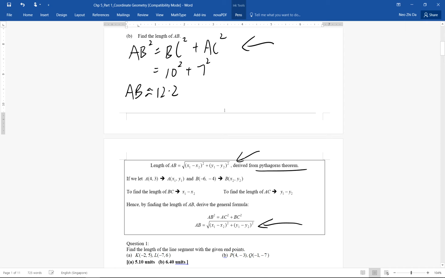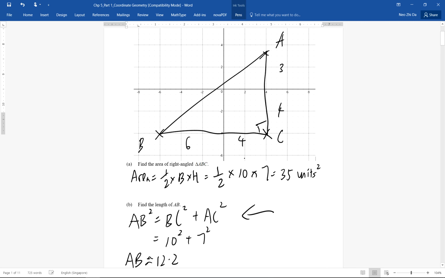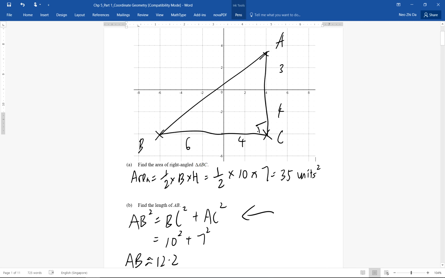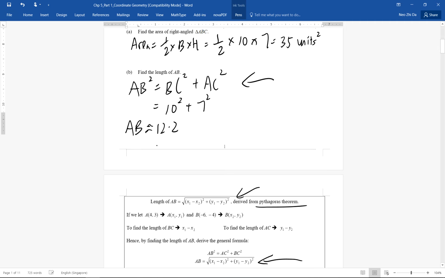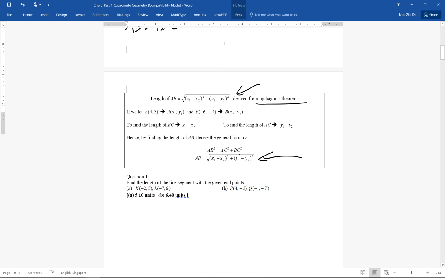Here x1 minus x2 is actually 4 minus -6, so it gives you 10. This is the formula: square root of bracket x1 minus x2 bracket squared plus bracket y1 minus y2 bracket squared. This is the formula for length of a line.